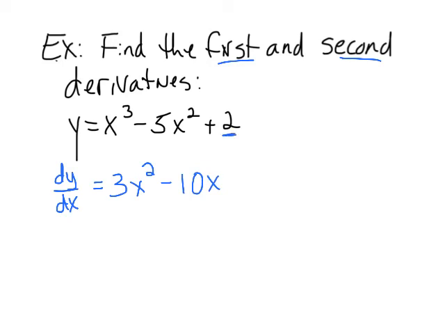Remember, this is a constant, and the derivative of a constant is 0. Now the second derivative looks like this, d squared y over dx squared. And we just do the same thing again. It ends up being 6x minus 10. I could find the third derivative, which ends up being 6, and the fourth derivative, which would end up being 0. I keep going until I end up with a 0.